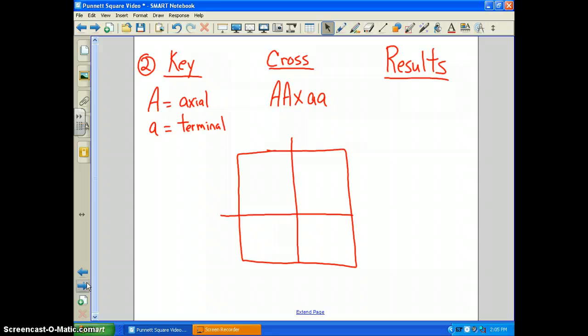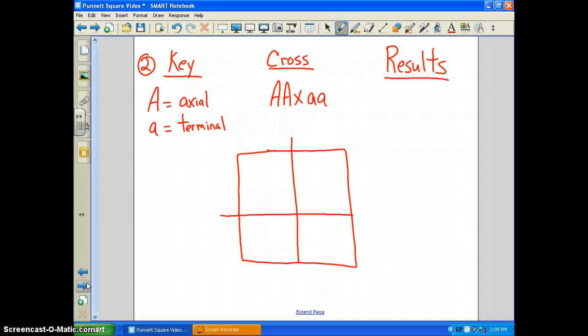Number 2. We have axial flowers for the key, flowers on the axial and flowers on the terminal. We have to set up our Punnett square using the cross.